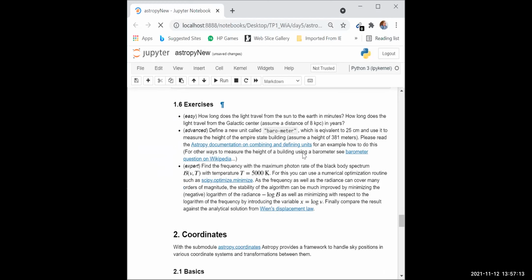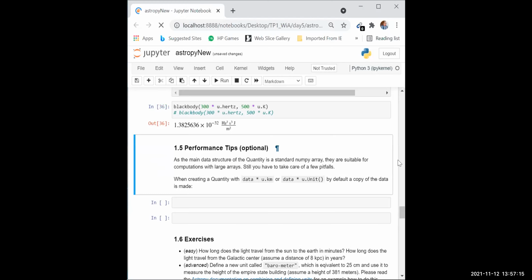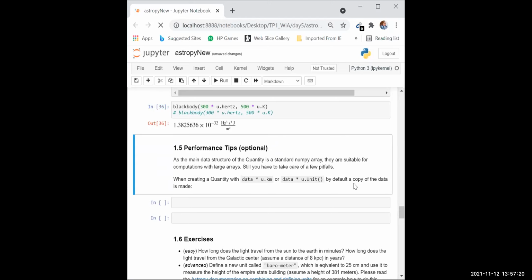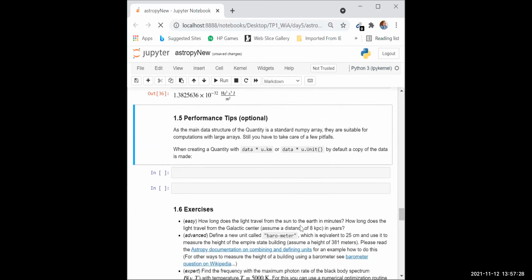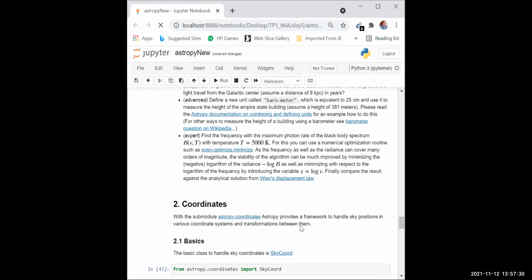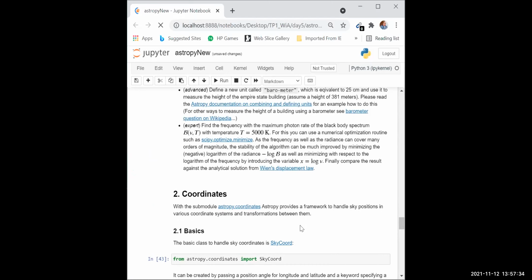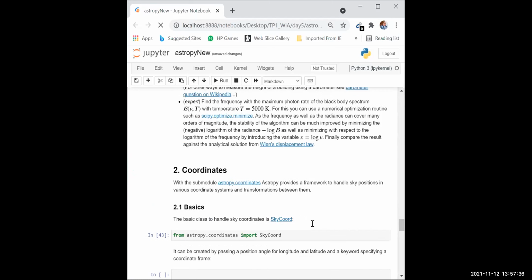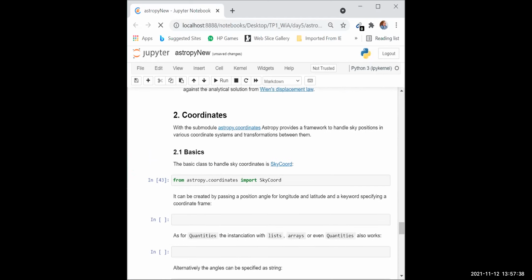It is available in your system, but basically it shows you how you can use different functions, whether you use .u kilometers or u units, and how the speed of computation changes. You can check it out in the Python notebook which has been provided to you. Instead, we will move on to the next aspect, which is the coordinate systems.